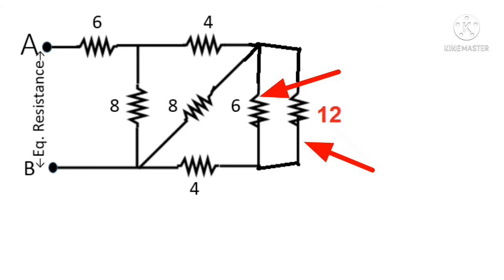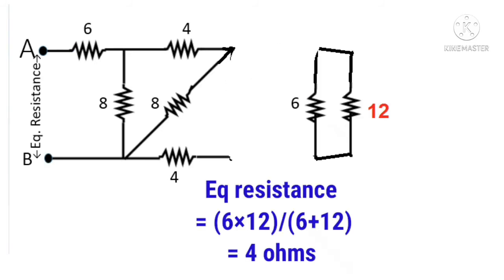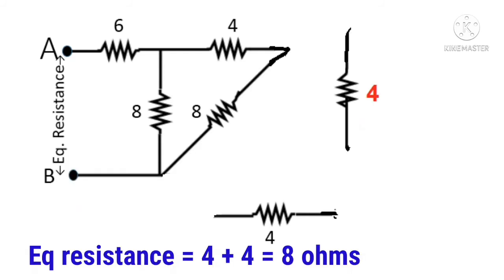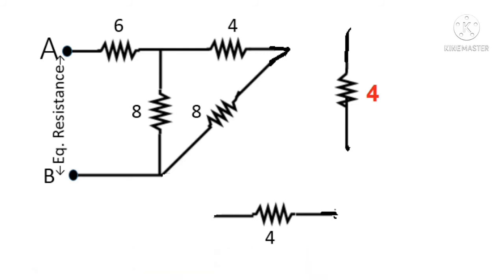So these two resistors also can be replaced by their equivalent resistance. Now two resistors of 4 ohms each are connected in series. So these also can be replaced by their equivalent resistance. Equivalent resistance is 4 plus 4 equals to 8 ohms.